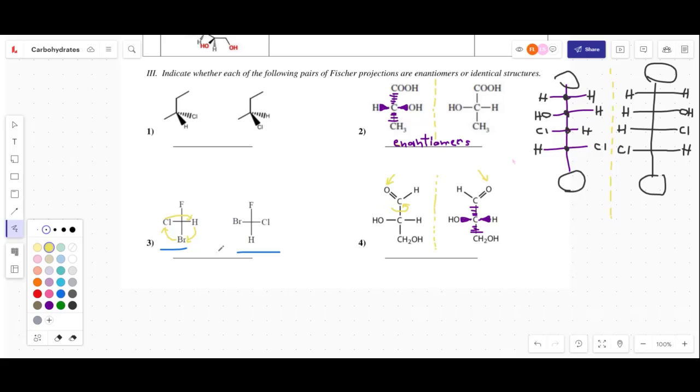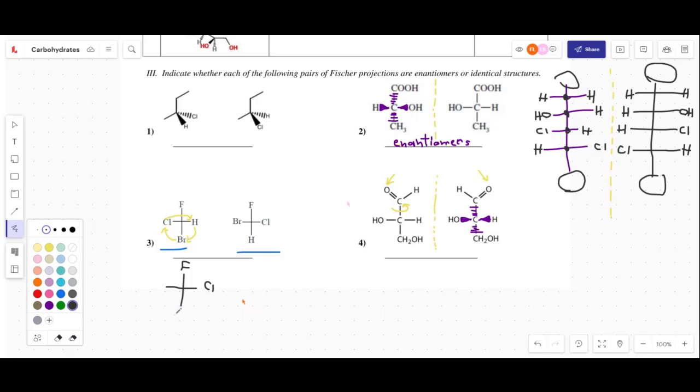And this will become important for what we're about to do with the Haworth projections. So if I rotate this around in the manner that I've shown, the fluorine stays on the top. What atom is going to be on the right-hand side now? Chlorine.